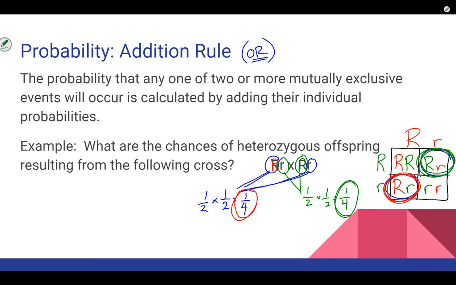And so if we want to know what are the chances of getting this combination or this combination, then we add these two together. So we have 1/4 plus 1/4 gives us the 1/2, which is the chance of getting one of those two.